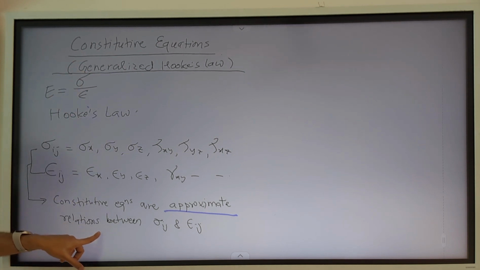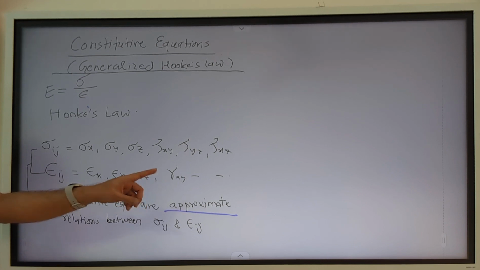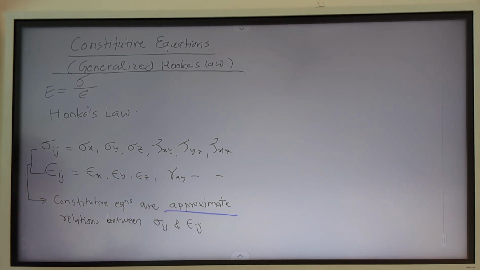Similarly, the generalized equations that we are going to discuss are also approximately true, but the approximation level is such that it is okay for most practical situations. If you have a very specific and accurate analysis, then you have to actually conduct an experiment, obtain the stress versus strain variation, and that would be the law for that particular equation.